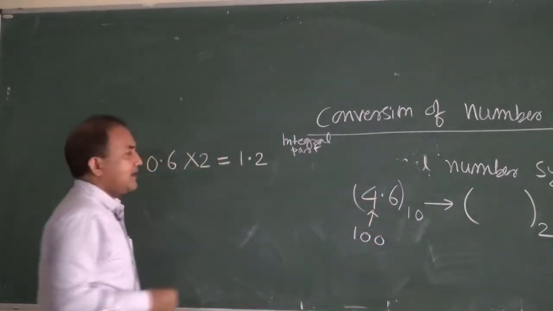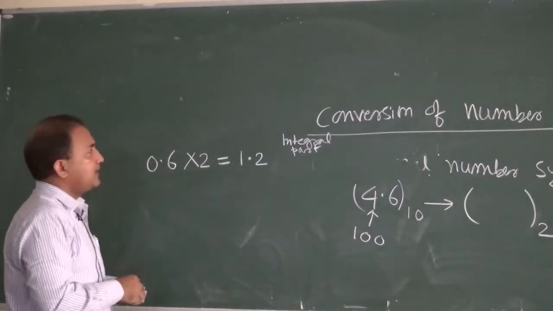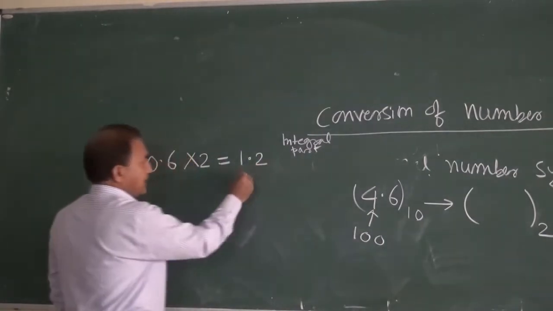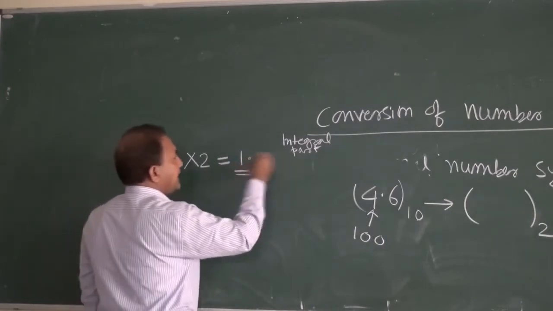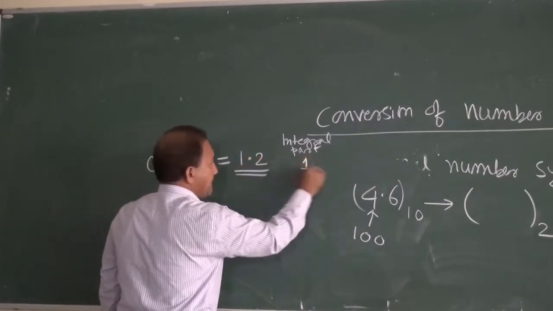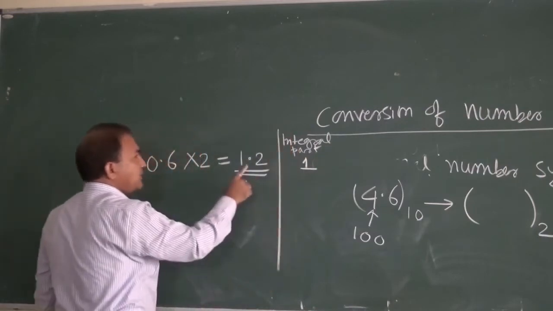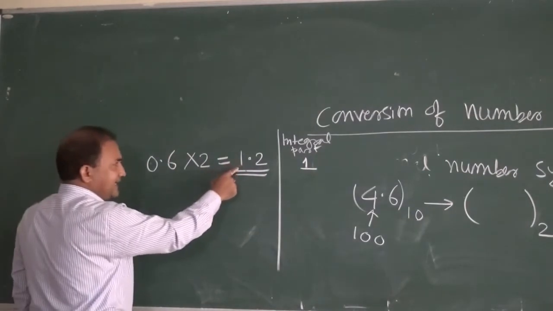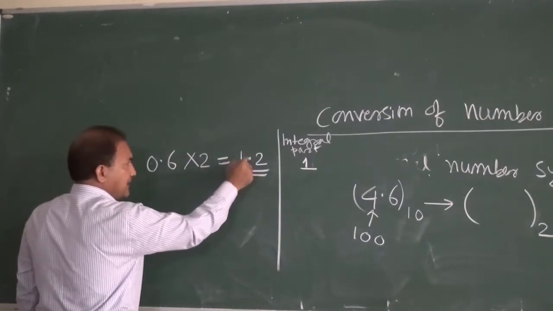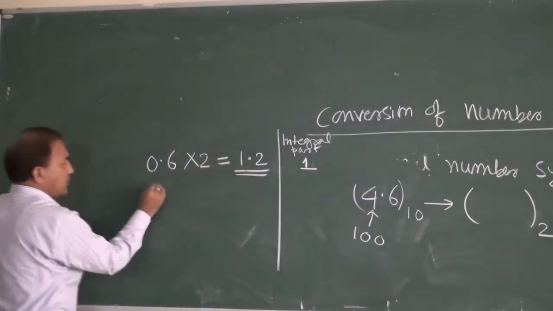For 0.6 we are finding the integral part. In this number, the integral part is 1. So you have to take the integral part. After taking this integral part, the number becomes 0.2.